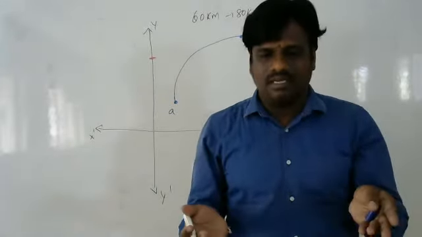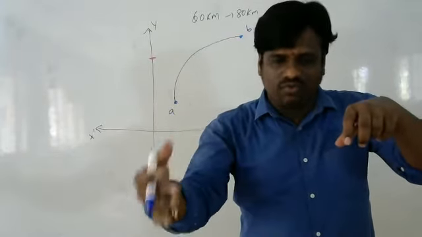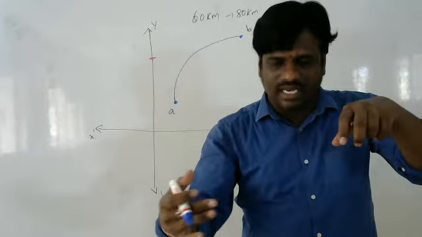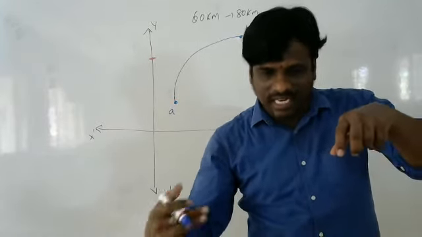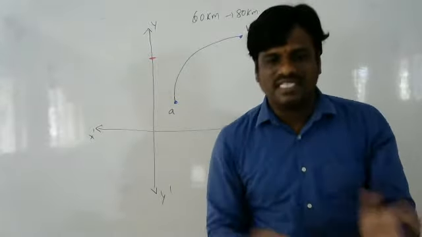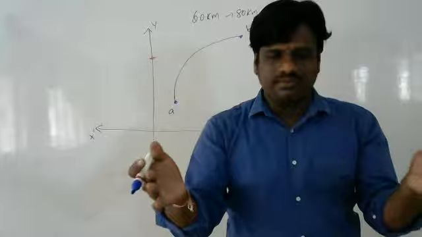It is not possible. As he decreases his speed, it comes to 40, 30, 20, 15, 10, 5, and then it may reach zero. So he cannot go to zero suddenly, right?